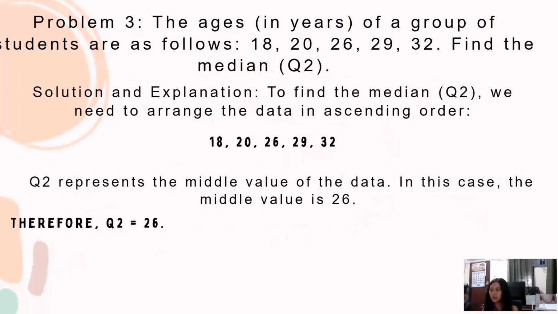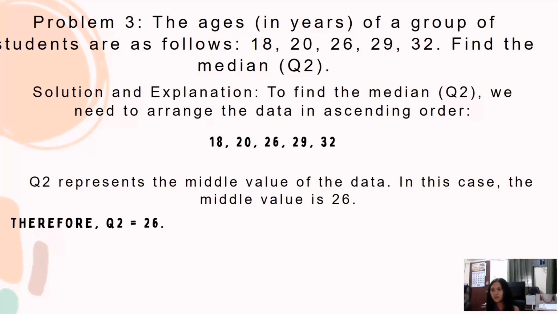Let's proceed. Problem 3. The ages in years of a group of students are as follows: 18, 20, 26, 29, and 32. Find the median, or the Q2. Solution and explanation.